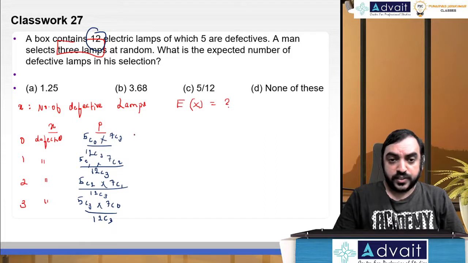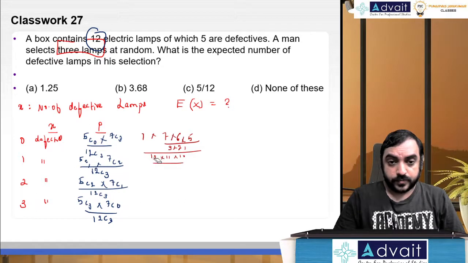So 5C0 is 1. 7C3 is 7, 6, 5 by 3, 2, 1, whole divided by 12C3. 12, 11, 10 divided by 3, 2, 1. Okay, I don't have space. You have to simplify.